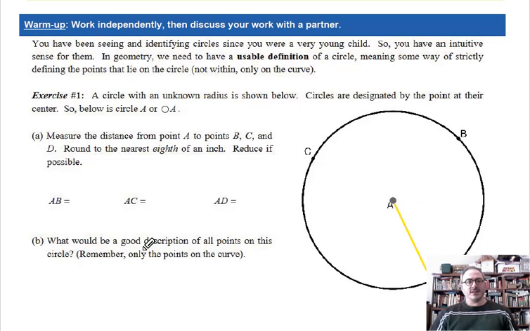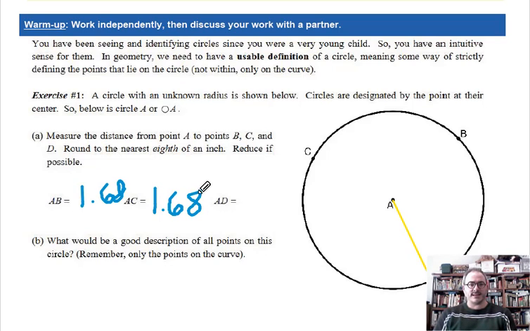All right. So what's the measurement of AB here? 1.68. And AC, 1.68.